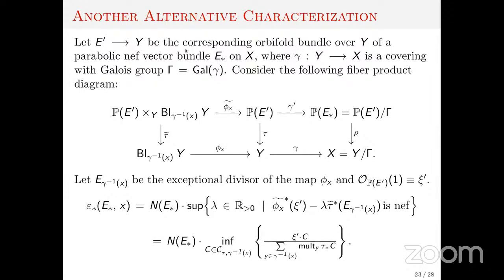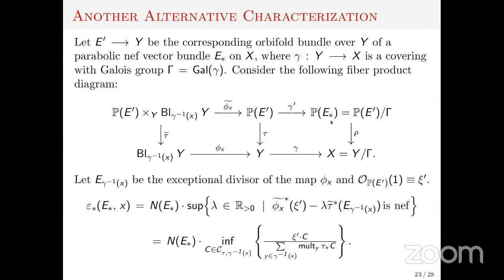So let E prime be the corresponding orbifold bundle over Y of a parabolic naive vector bundle on X with Galois group gamma. And we have the following fiber product diagram. So for any x in X, I can consider gamma inverse x, which is a finite set of cardinality at most the cardinality of gamma.